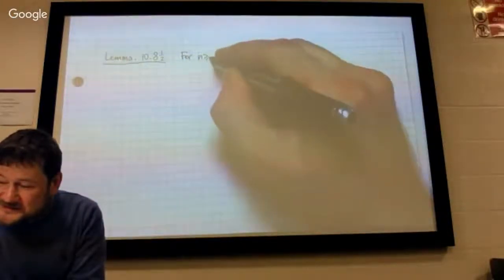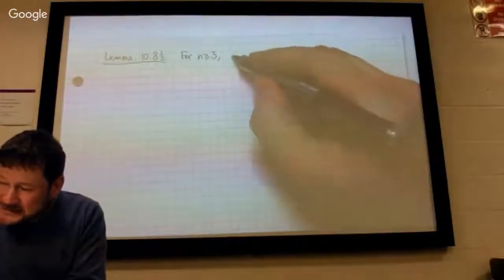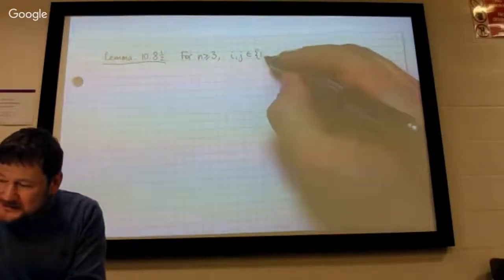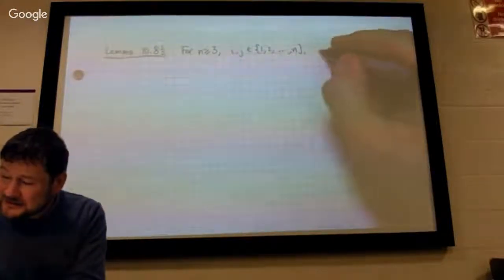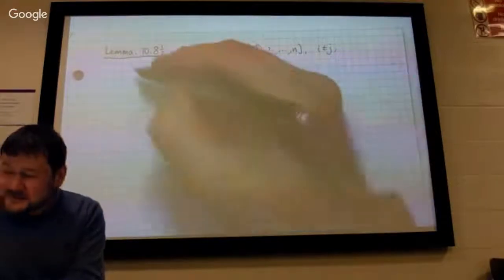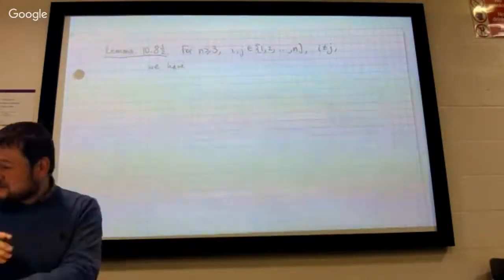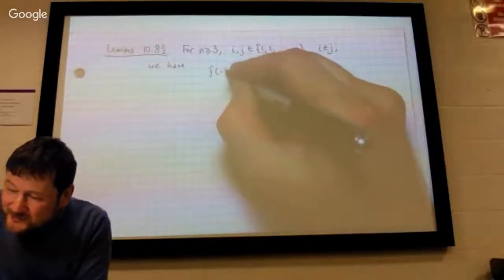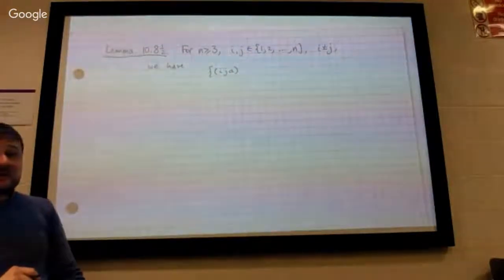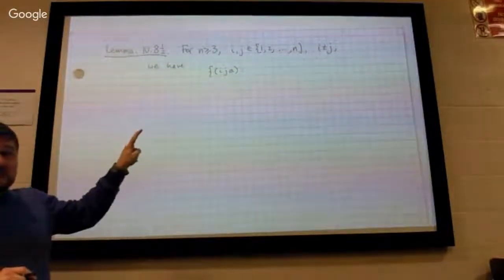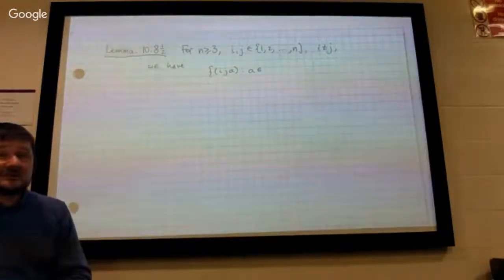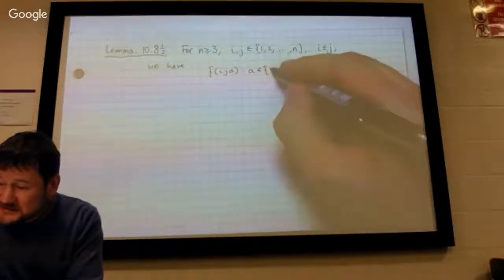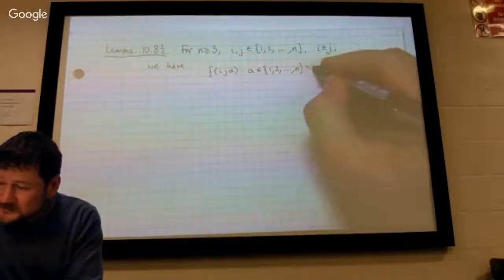And it says that if n is greater than or equal to 3, and if you take i and j in the set that the alternating group acts on, so 1 to n, and if they're distinct, then you look at all (i j a), a cycle of length 3 in which i and j are these two fixed, different numbers, and a is any number in the rest, so it's {1,...,n} minus {i,j}.